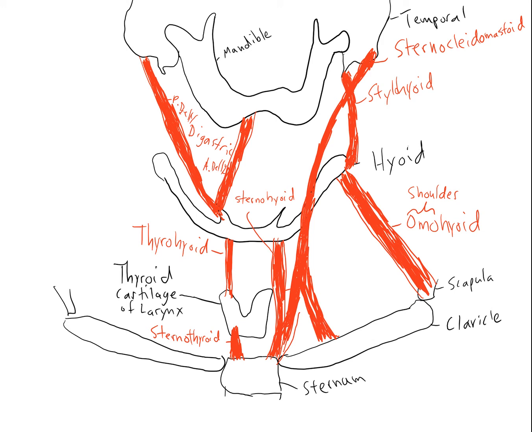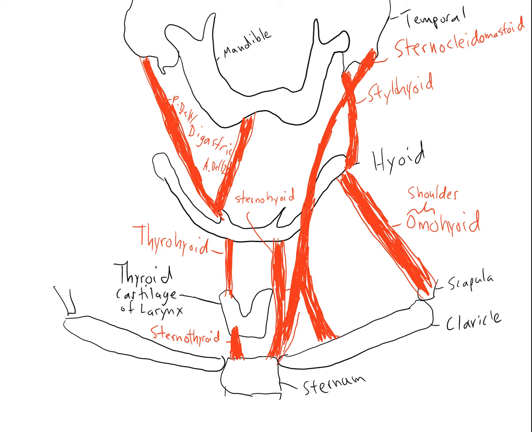Okay. So the sternocleidomastoid, it originates from the sternum and the clavicle. It inserts on the mastoid process of the temporal bone, and it's going to have the action of flexing or rotating the head at the neck. It's pulling down on the mastoid process, and so if both the left and the right sternocleidomastoid contract, then we'll flex the neck.